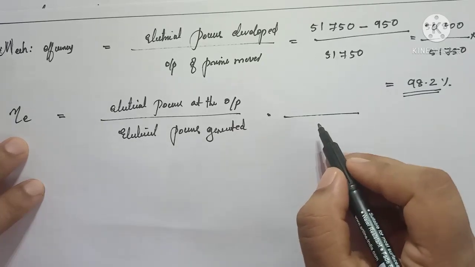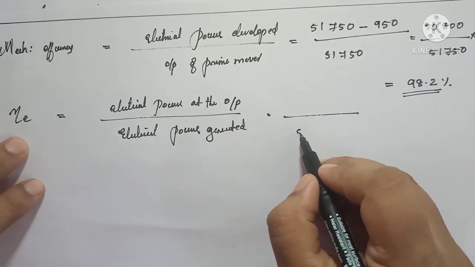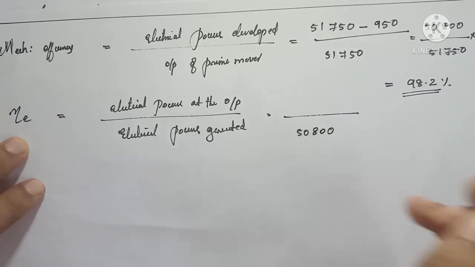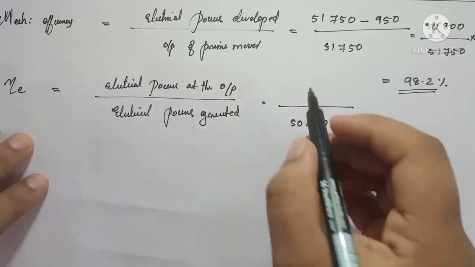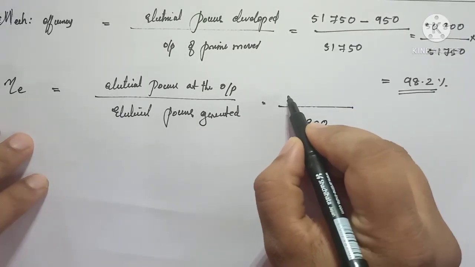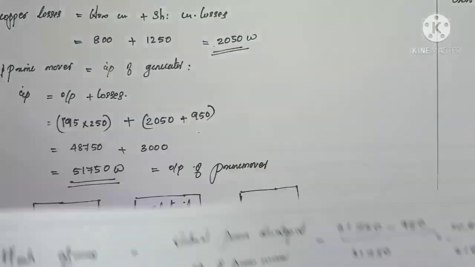Generated electrical power is 50,800. Electrical power at the output is nothing but the difference between the electrical power generated and the copper losses.